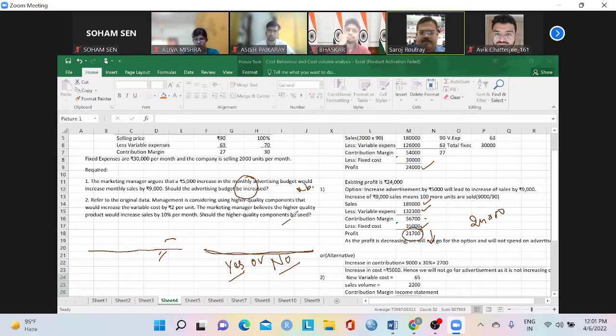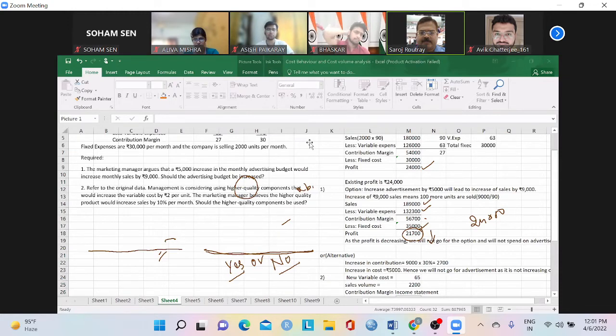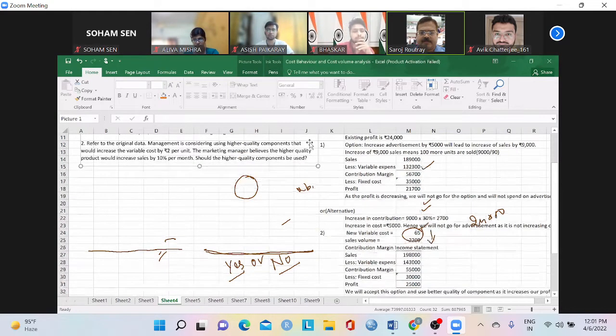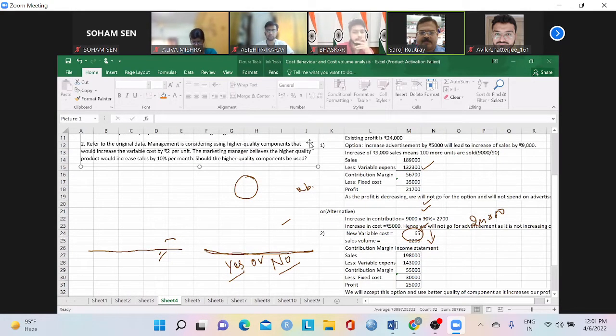Second one, if you are using a better quality of component, what will happen? Then your variable expenses will increase. Just give me 1 minute.